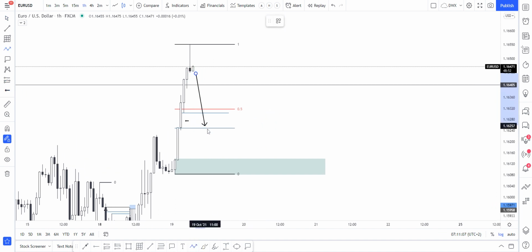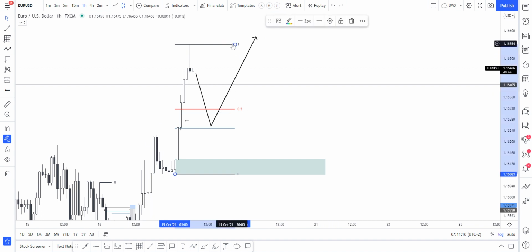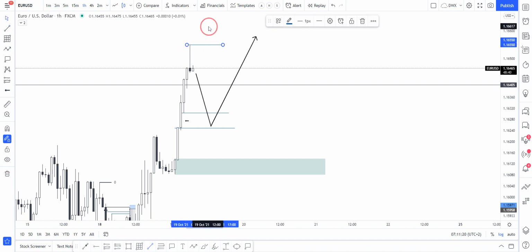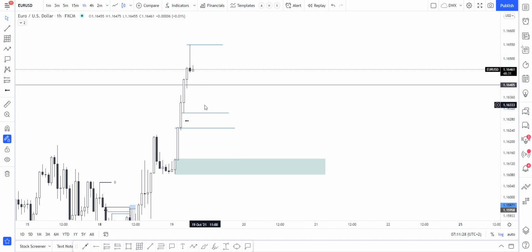It just needs to rebalance, and anything below the 50% I count as being rebalanced, and then just continue up higher. So what we're creating now is new liquidity. So this is now a new liquidity area, a new liquidity high for price to either reach for or pull back, and then later on reach for that area as shown with this arrow.